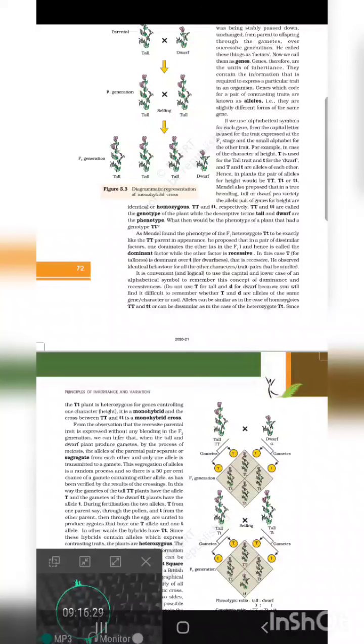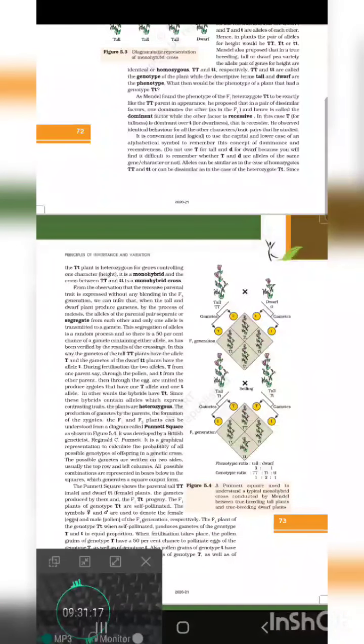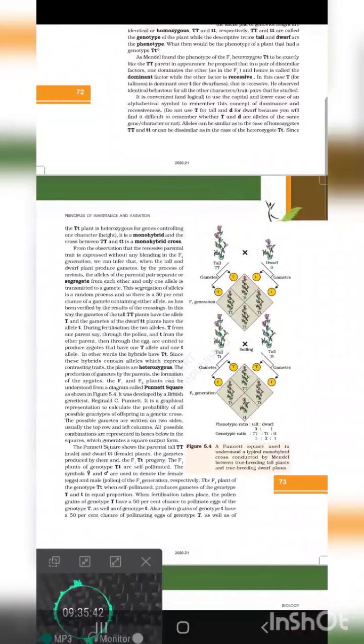Alleles can be similar, as in the case of the homozygous capital T capital T or small t small t, or can be dissimilar, as in the case of the heterozygote capital T small t. Since the capital T small t plant is heterozygous for the gene controlling one character, it is a monohybrid, and the cross between capital T and small t is a monohybrid cross.